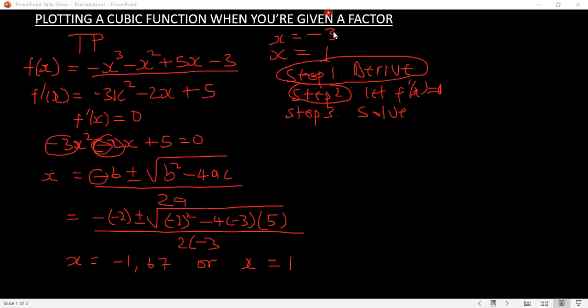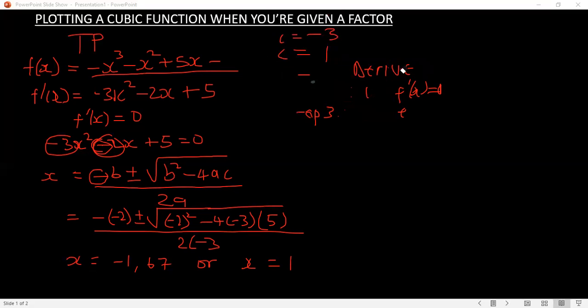Okay, let me erase this part. Okay, this is x. So let's determine f of negative 1.67.